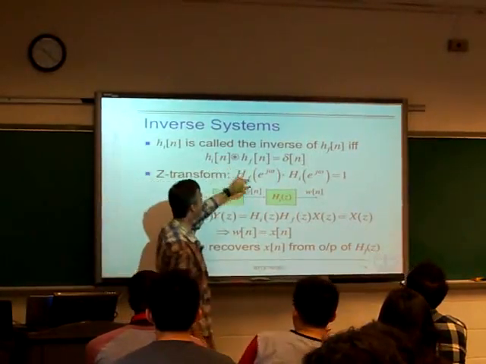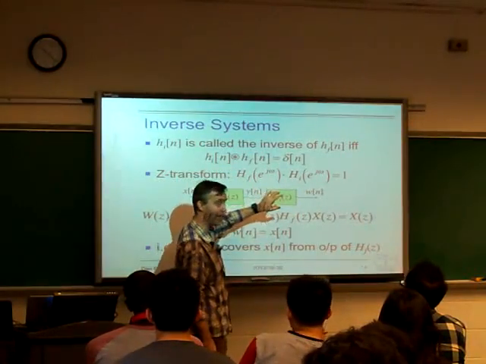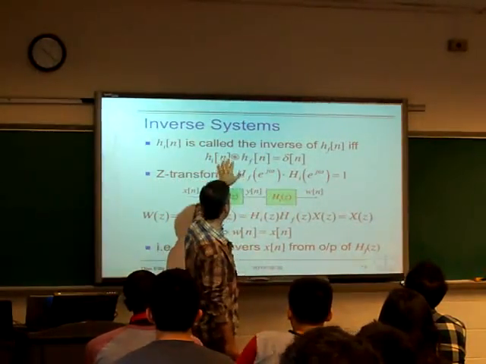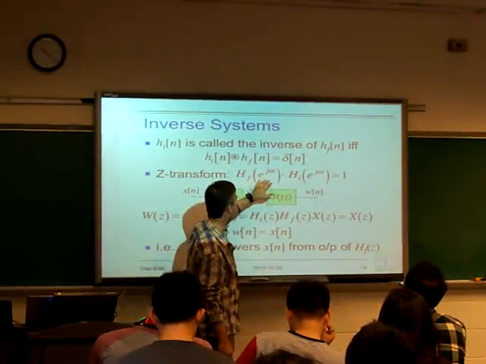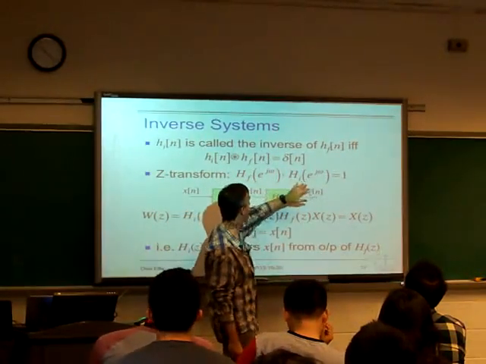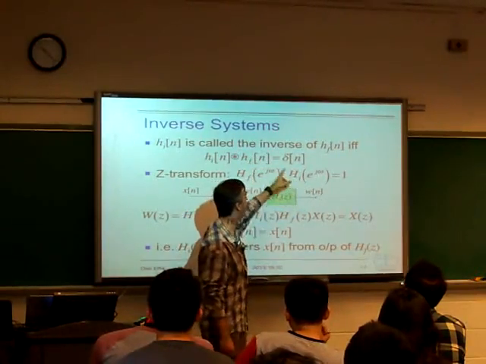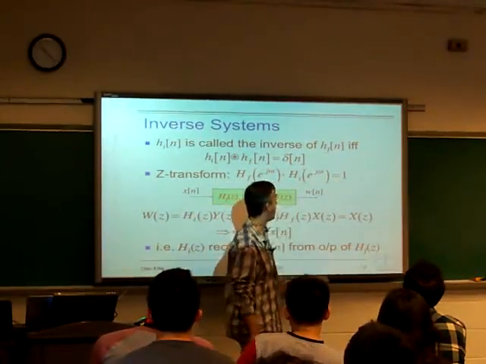If we take a z-transform of both of these, now we've got this new way of analyzing what's going on here. The z-transform of these is just H_f(z) and H_i(z), and the convolution becomes multiplication. The z-transform of delta is just a 1.